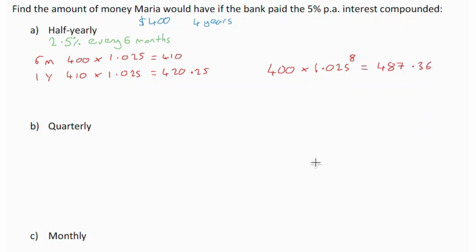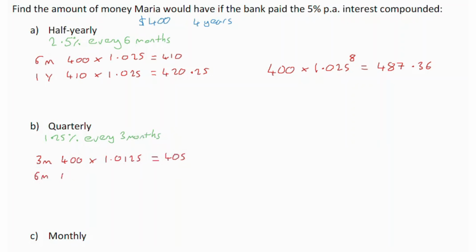When we do it quarterly, that means we're going to get a quarter of the 5%, so that is 1.25%, but this time every 3 months. So that means that after 3 months, we're going to get 400 times by 1.0125, which is 405.